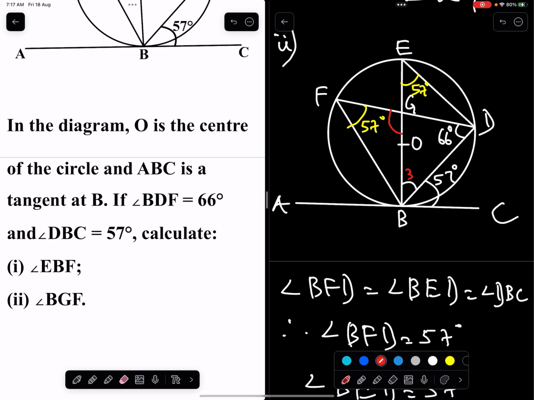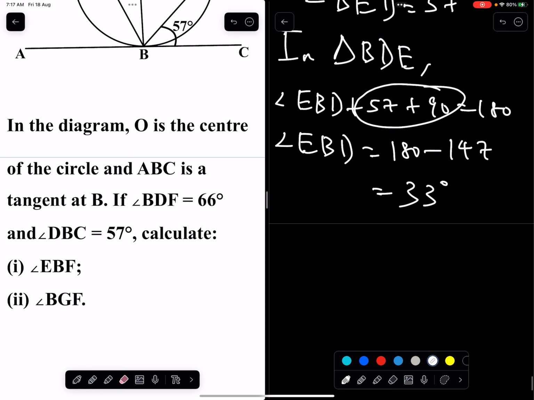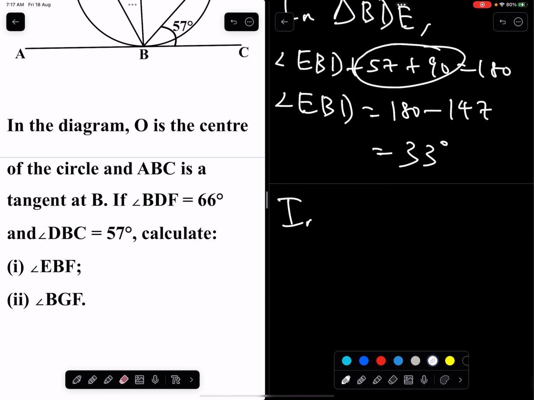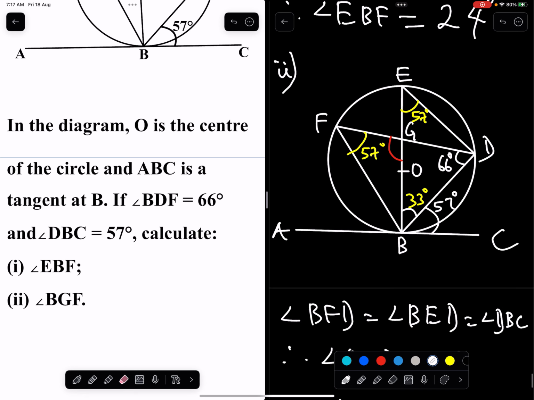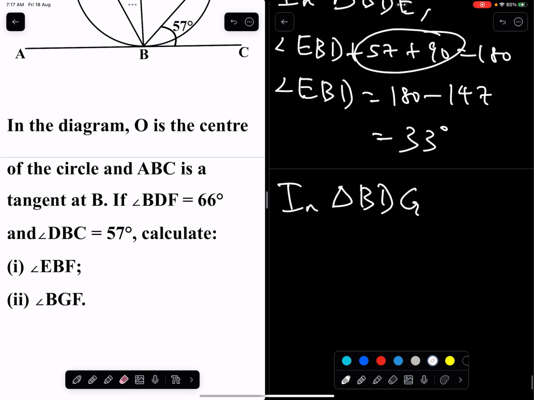So in triangle BDG, angle BGF, which is an exterior angle to triangle BDG, is equal to 66 plus 33.